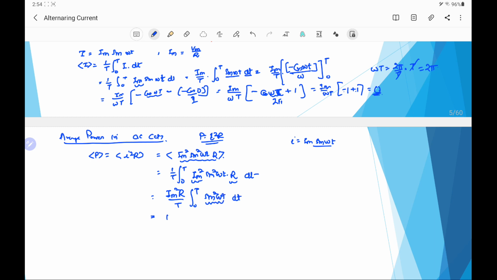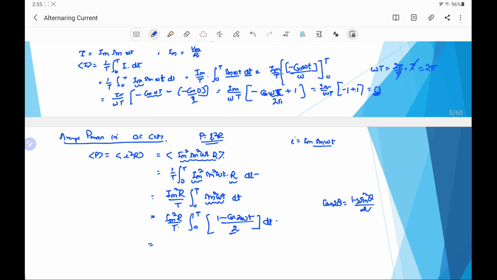Apply the formula cos 2 theta equals 1 minus 2 sin square theta, which gives sin square omega t as 1 minus cos 2 omega t by 2.